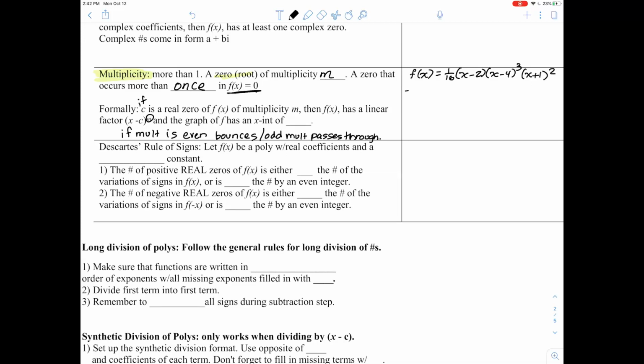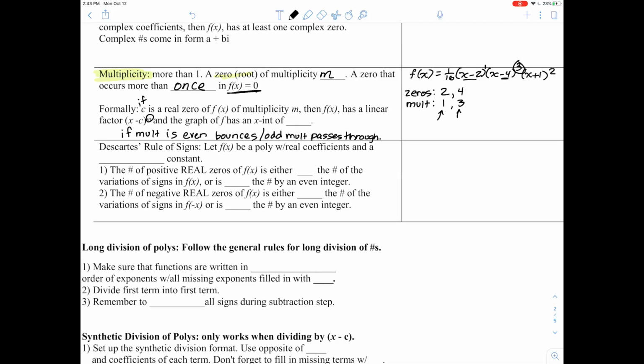Okay, so our zeros are 2, and it has a multiplicity of 1 because it's being raised to the first power. And then we have a 0 at 4, and it has a multiplicity of 3.